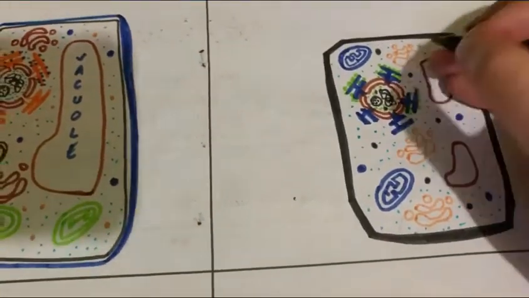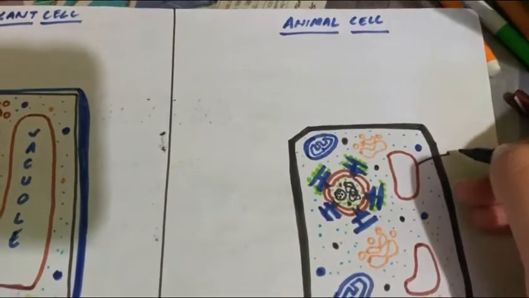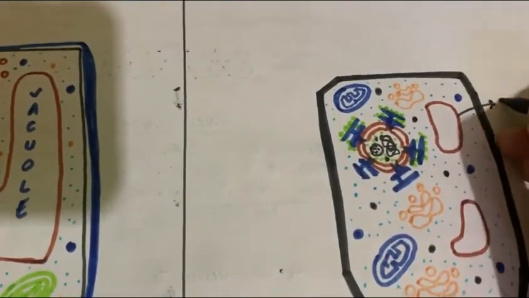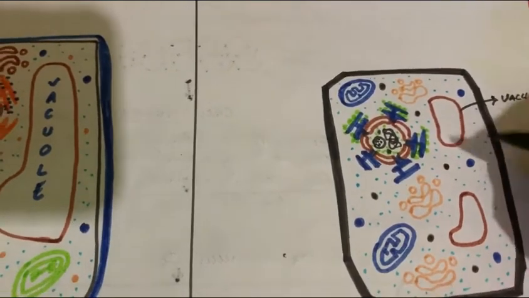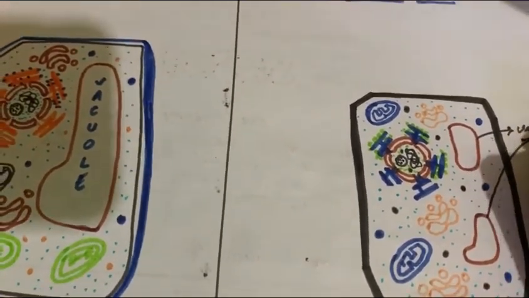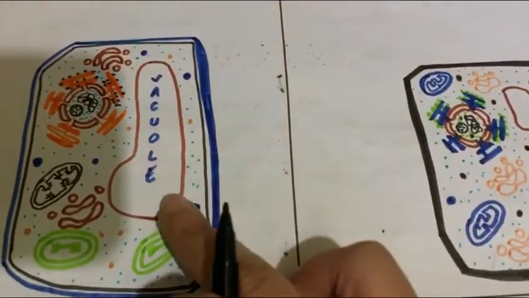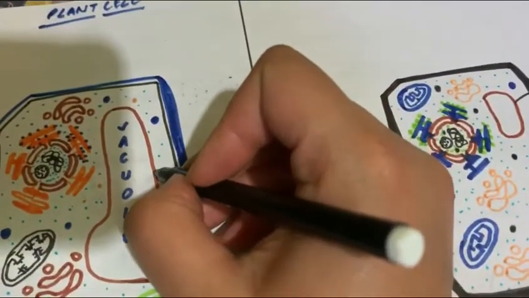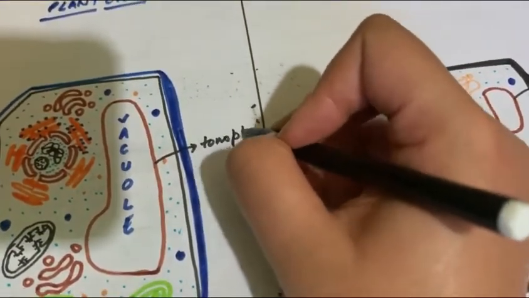These are also vacuoles, whereas this one is a vacuole but larger in size, and its name is commonly called tonoplast.